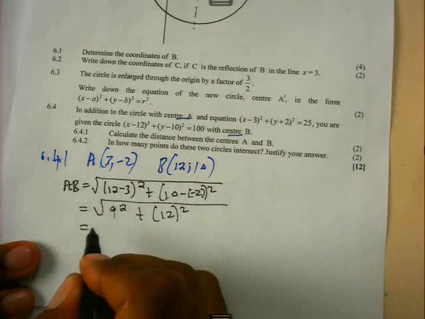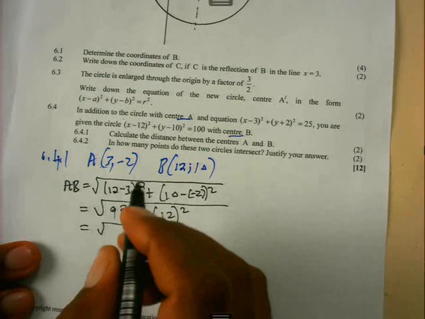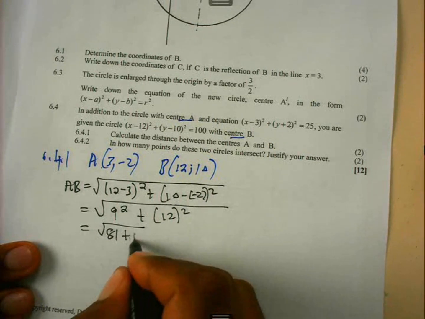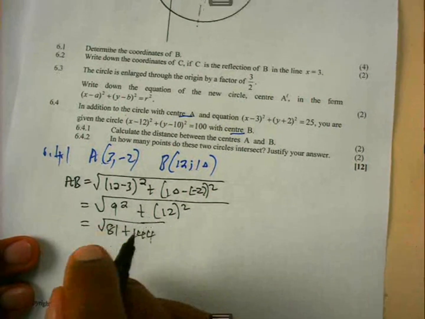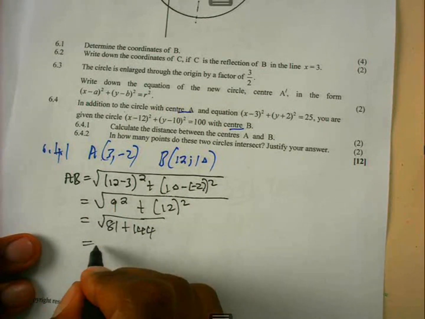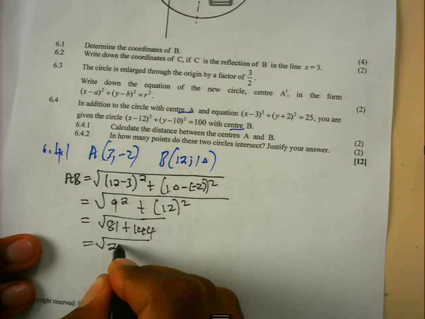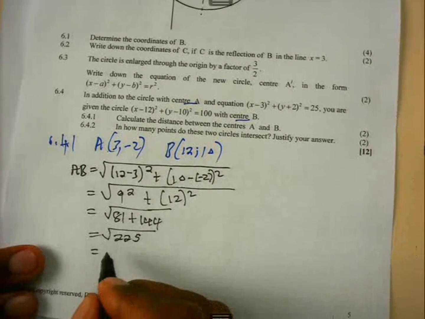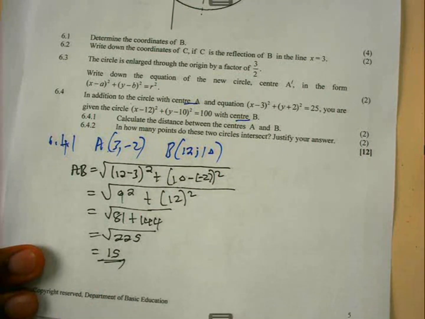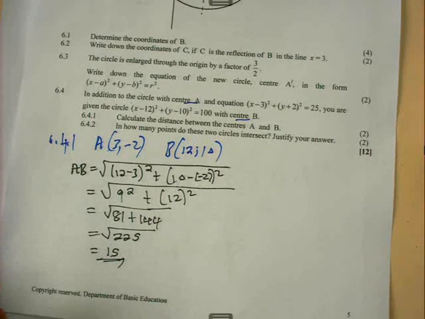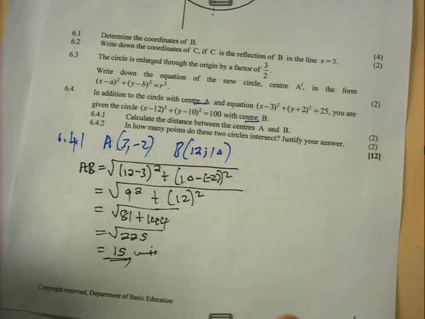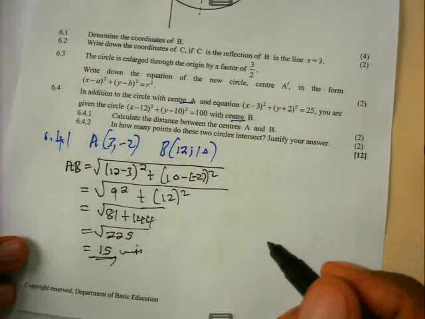Now from here we can say, okay, 9 squared is 81 plus 12 squared is 144. Now when you add the two, we are going to get what? 225. And what is the square root of 225? The square root of 225 is 15. Now it means the distance between the two centers A and B is 15 units, right? That is 15 units. Good. Now, that is question 6.4.1.